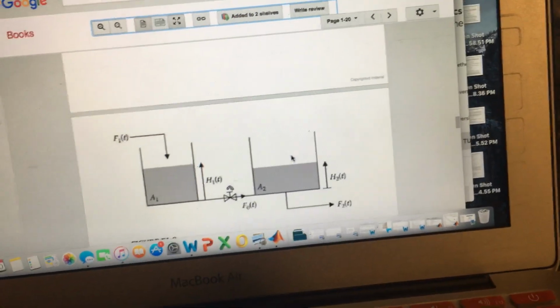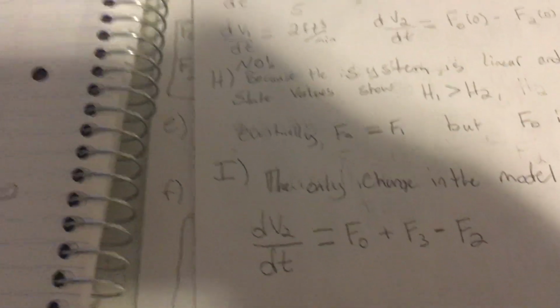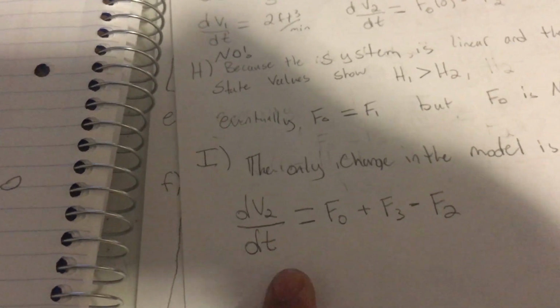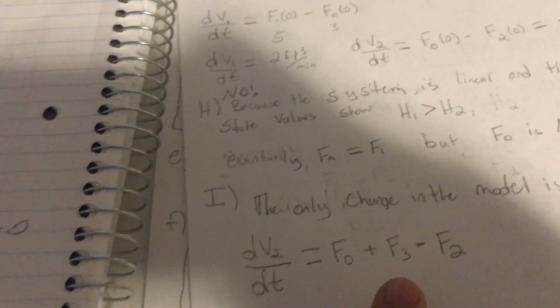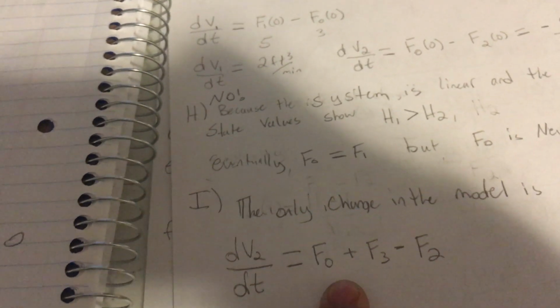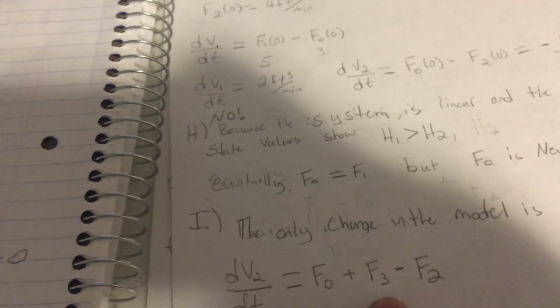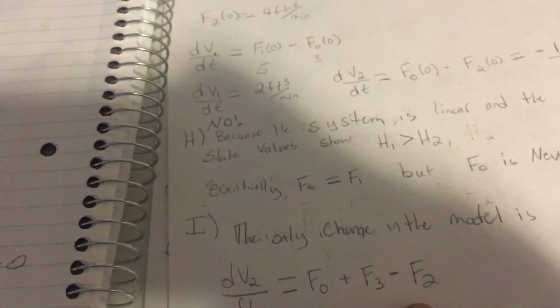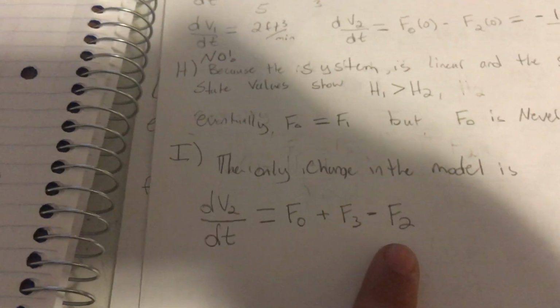You might think it would, but it really doesn't. The only thing you should change is the change in volume for tank 2. The change in volume for tank 2 is now going to be the flow rate in coming from tank 1, which is FO, the flow rate in that we just mentioned, F3, minus the flow rate out. It all seems pretty common sense, so hopefully that makes sense to you.